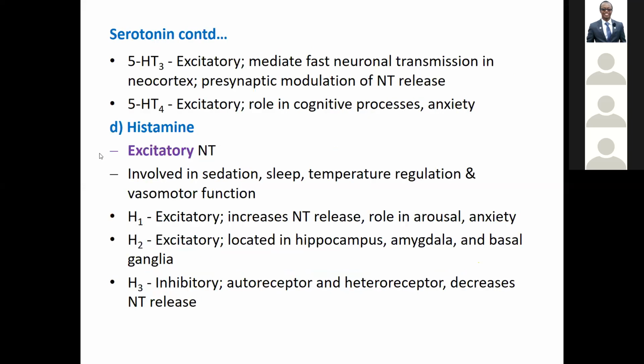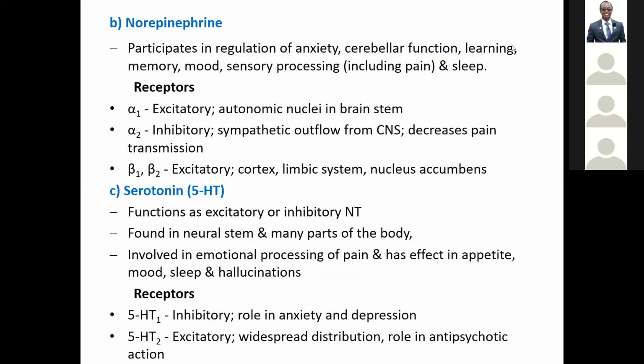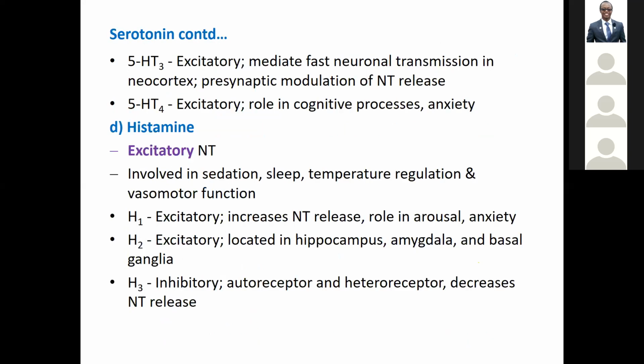The other biogenic amines, norepinephrine, again, regulation of anxiety, and of course dopamine, norepinephrine, as well as serotonin have a role in CNS disorders like schizophrenia, etc. Histamine is excitatory throughout the CNS, and that's why antihistamines would cause sedation.